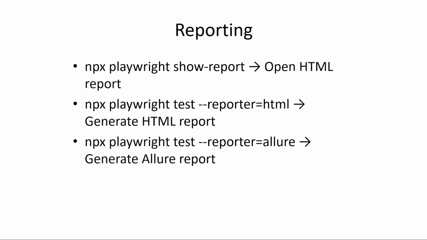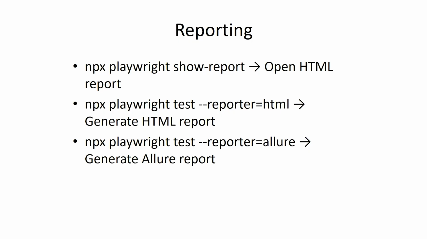In Playwright, you can generate a report in HTML or Allure format. If you want to open the HTML report after executing test cases, enter the command npx playwright show-report. It will open the report in HTML format.